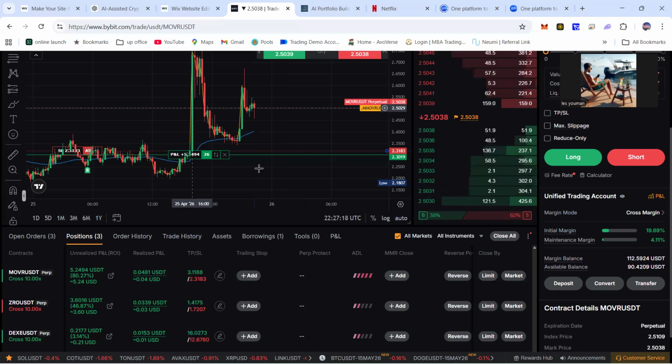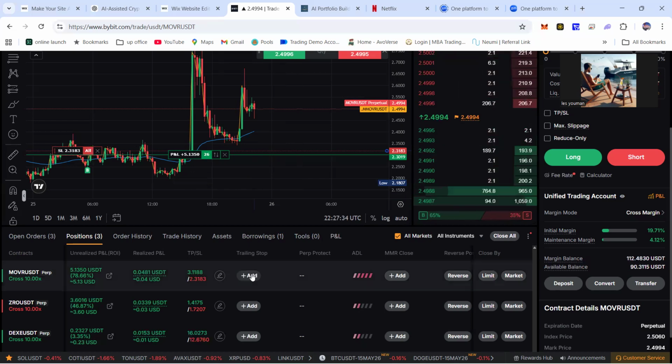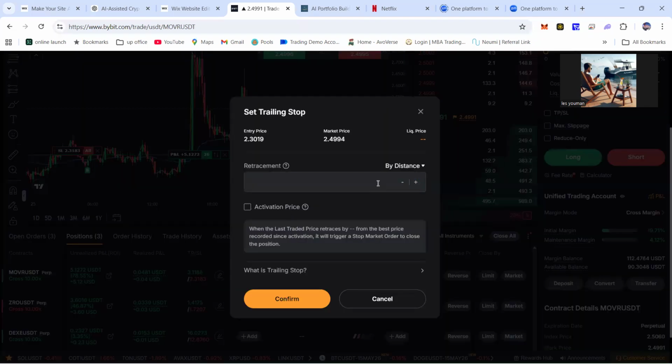2.5, and the entry price was 2.3. All right, so 2.5 minus 2.3 is a 20-cent difference. Okay, so when we're adding the trailing stop loss, what we're going to be adding in here is a 20-cent retracement.